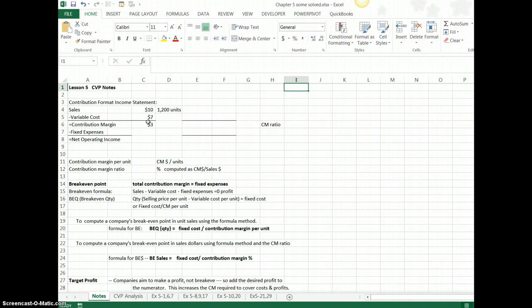In the particular example you see on the screen right now, $10 is a per unit price. $7 is what our variable cost for each unit is. You recall in the previous chapter we did some high-low analysis where we calculated the incremental variable cost for each additional unit. That was actually considered the slope of a line.